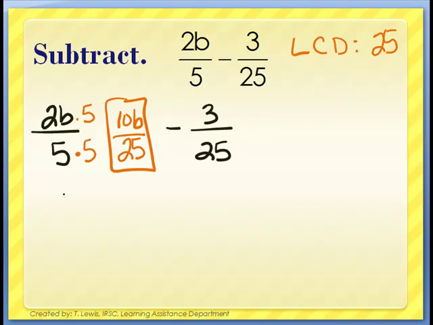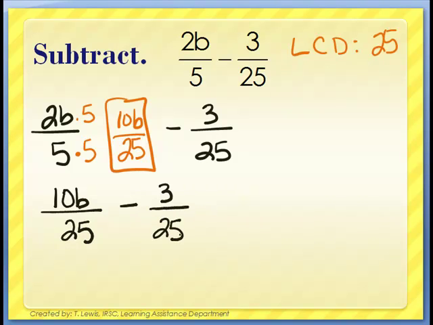So now we have common denominators. First fraction, 10b over 25. Second fraction, we have minus 3 over 25. Common denominator is 25. Bring together your numerators. And we have 10b minus 3.